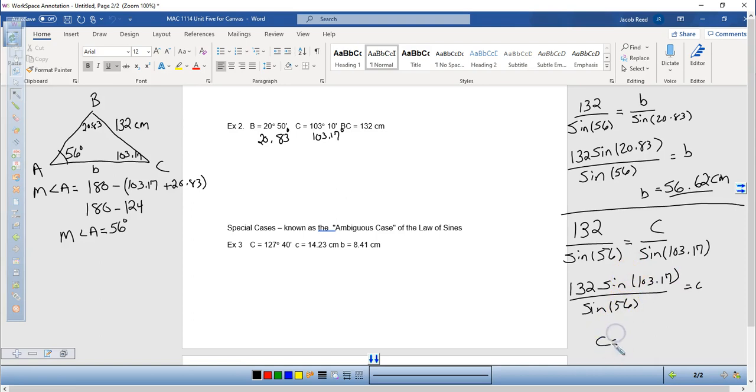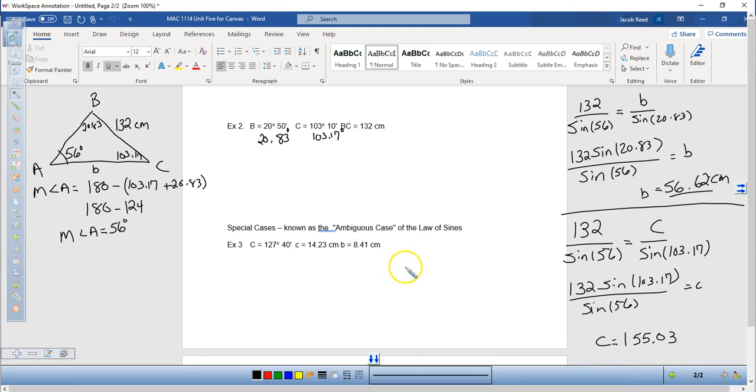So little c is going to be equal to 155.03.